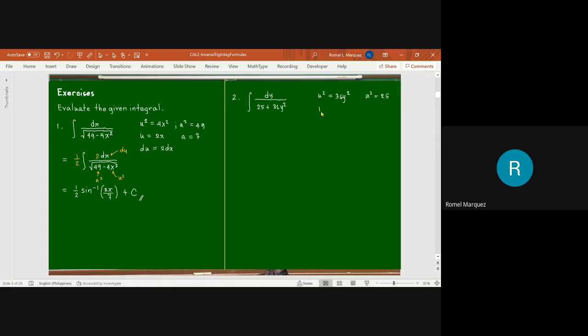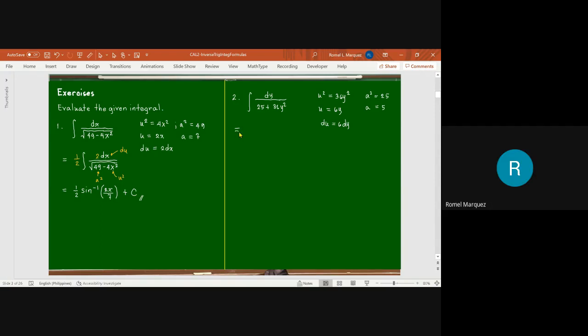So u is equal to 6y, and a is positive 5. So what's the du? du is equal to 6 dy.